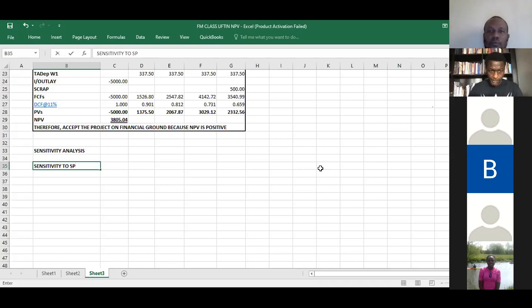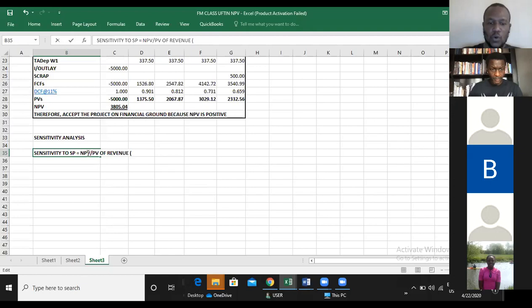Our sensitivity to selling price is equal to NPV divided by PV of revenue, selling price. And if you will, we can do 1 minus T. Okay, so this value now, we can calculate it.